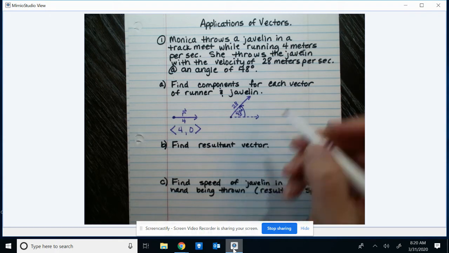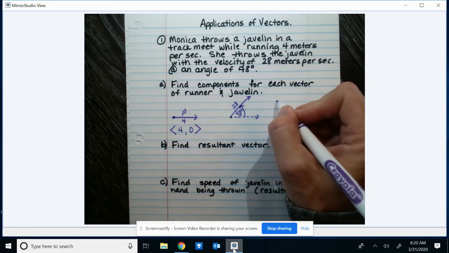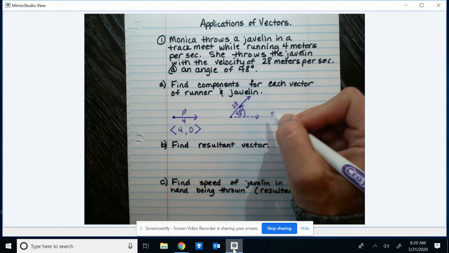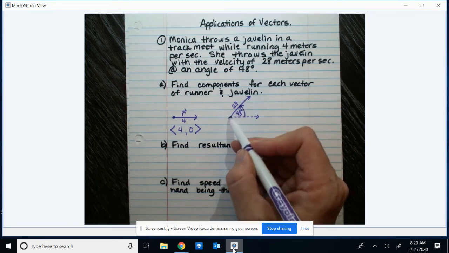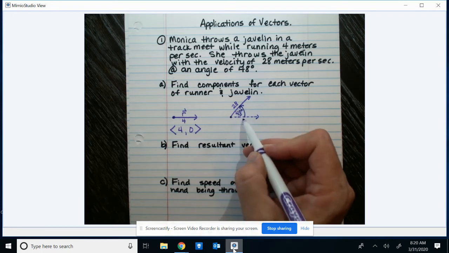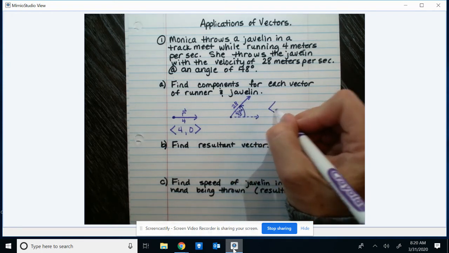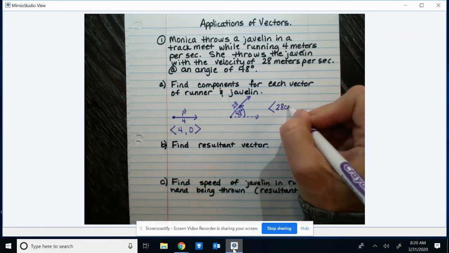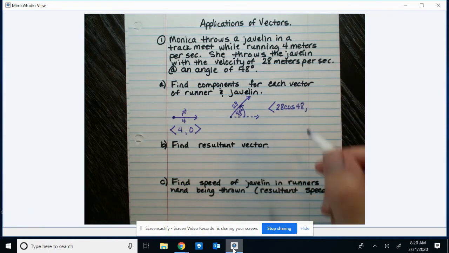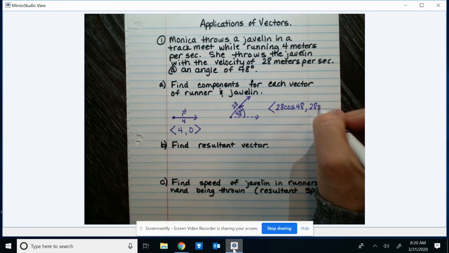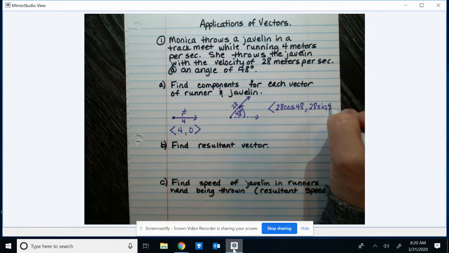So to find the components of the vector for the javelin, we have to take 28 and multiply it times the cosine of 48 to find your A value. So it's 28 times the cosine of 48. And to find the B value, you have to take 28 and multiply it times the sine of your angle 48.